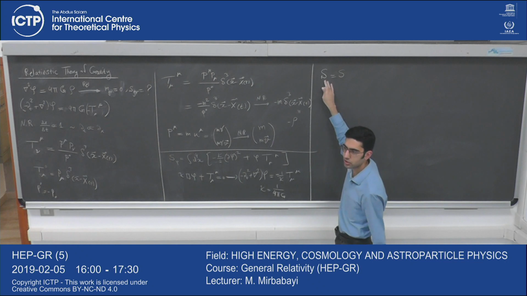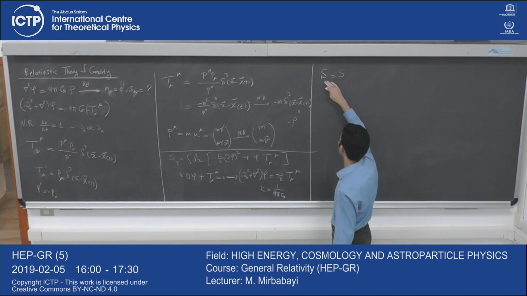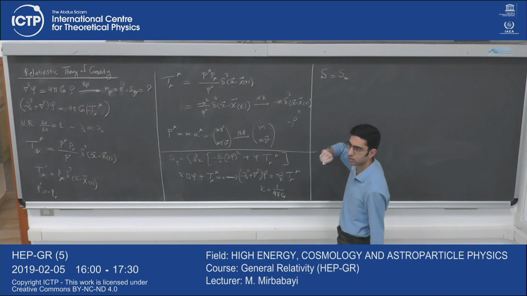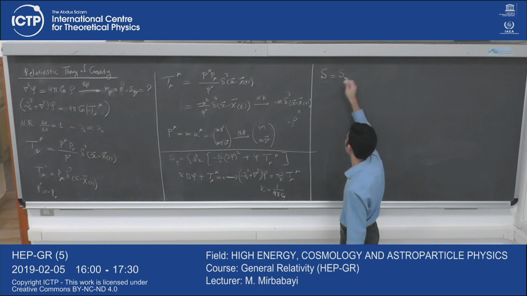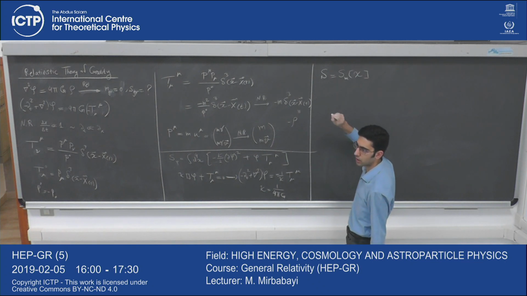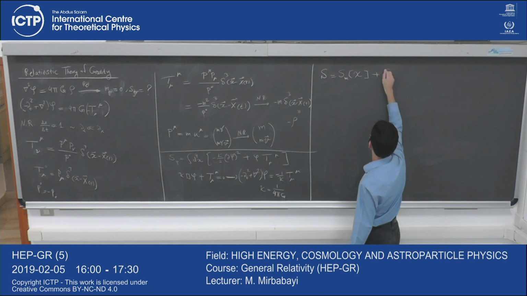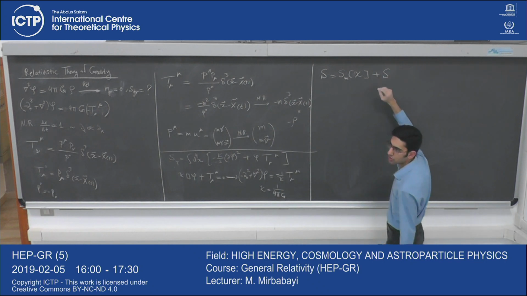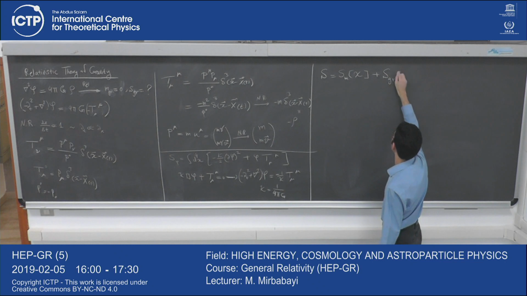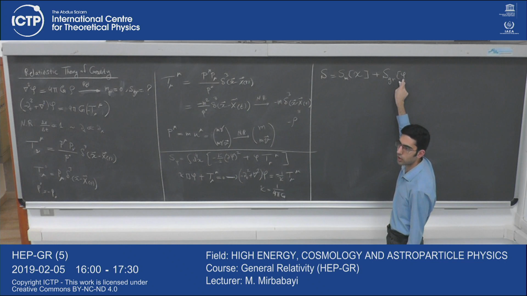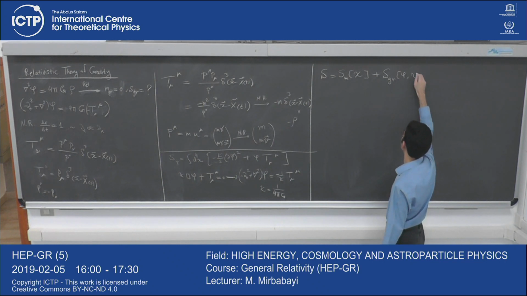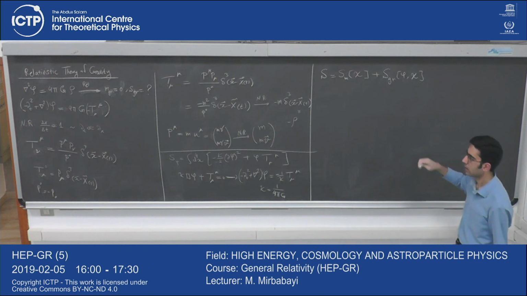So I want to separate the action, the full action, into a matter action that does not depend on phi. It only contains other matter fields. Let's just collectively denote them by chi. And then there will be a gravitational action which vanishes if I set phi to 0. There is a gravitational action that depends on phi and chi.